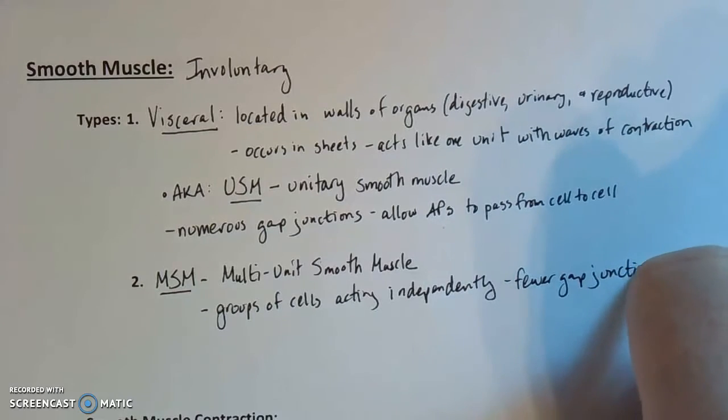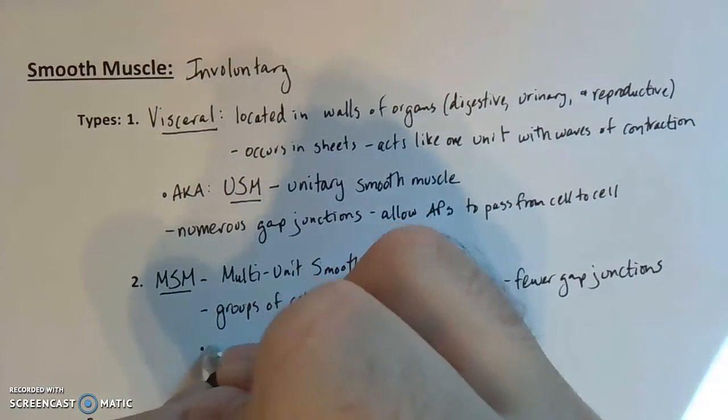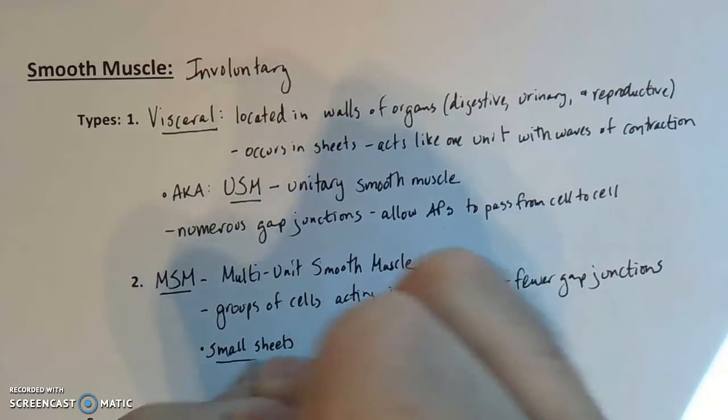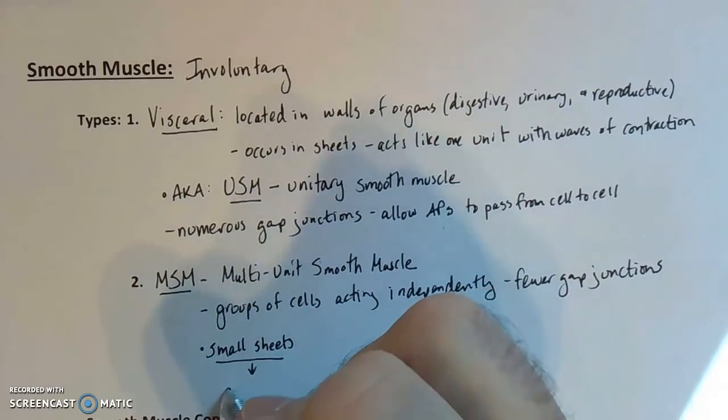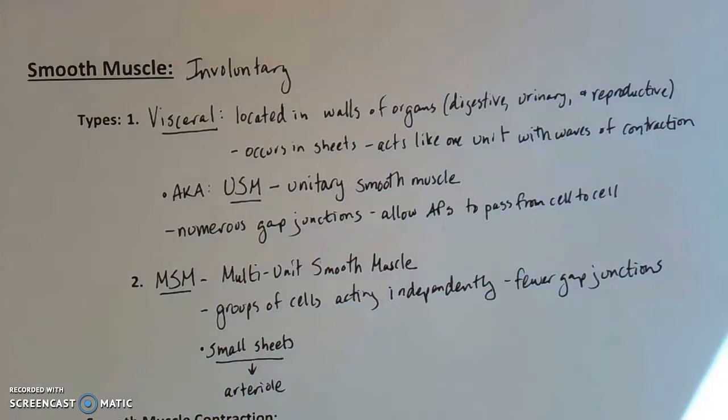So we can have sections or groups of cells acting independently from one another. And we can end up with small sheets, which might be a particular area of an arteriole, which is a little artery. So not the entire arteriole, but one section of it.